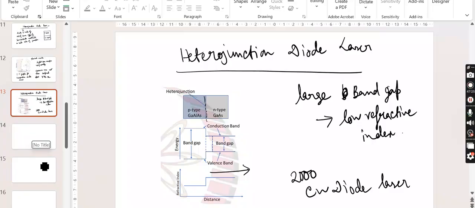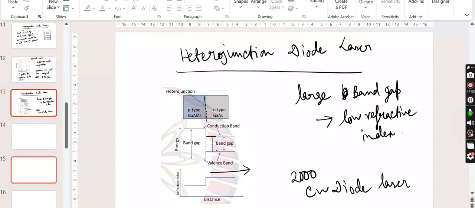So the electrons, and here we understand how the light is confined. Now we need to understand how the carriers are confined. The gallium aluminum arsenide is a higher bandgap semiconductor, and the electrons that are injected into the junction from the inside lack the energy.